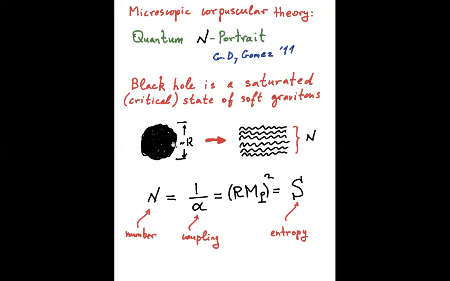Okay, so the bulk of the information physics of a black hole is captured by this state. And then you immediately discover that a black hole is a saturated state, very similarly to de Sitter. So the number of constituents is equal to their inverse coupling and is equal to the entropy of the object.